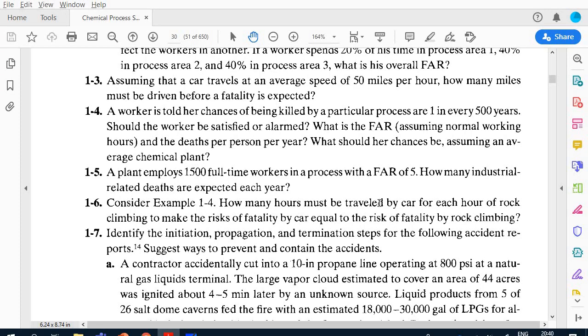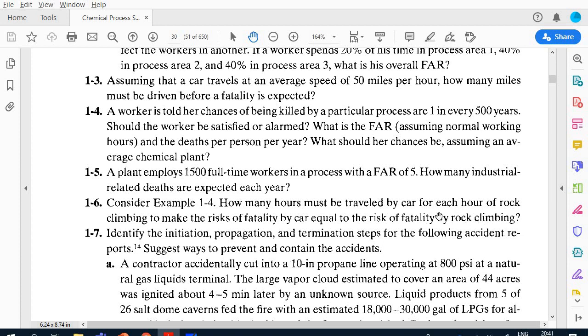Okay, I hope you're back now after you tried to solve it. So considering the same example of 1.4, how many hours must be traveled by a car for each hour of rock climbing to make the risk of fatality by car equal to the risk of fatality by rock climbing?